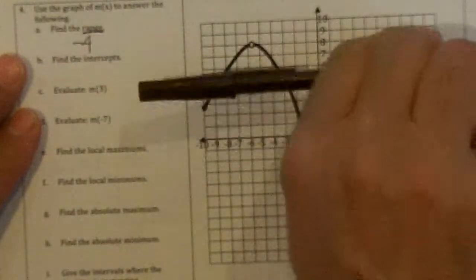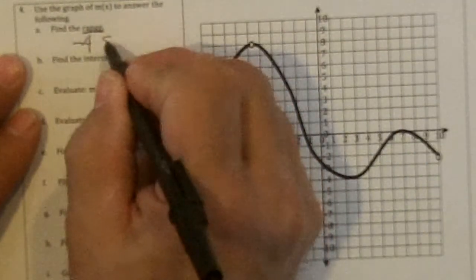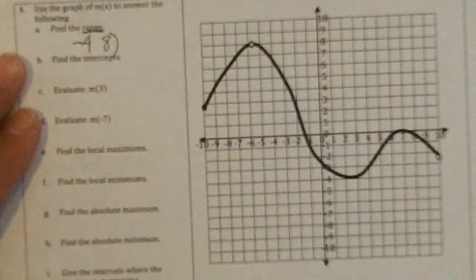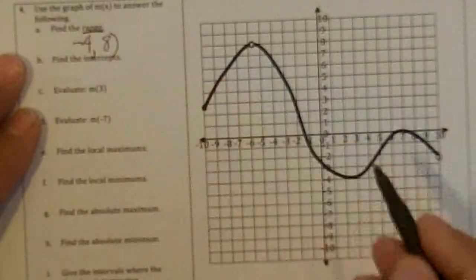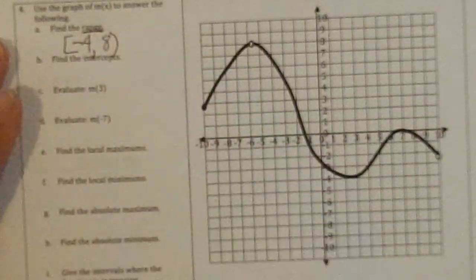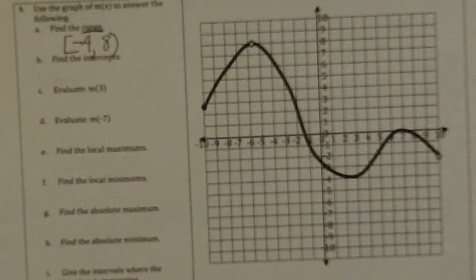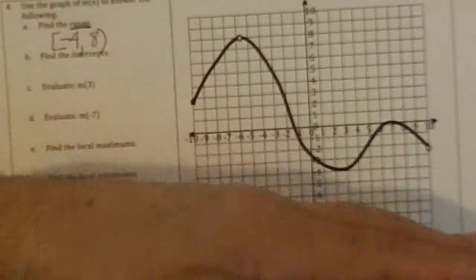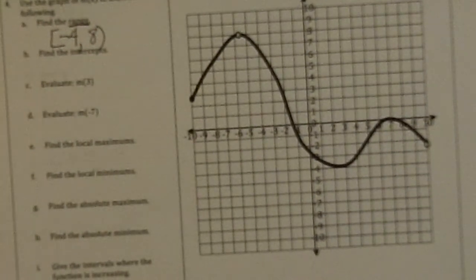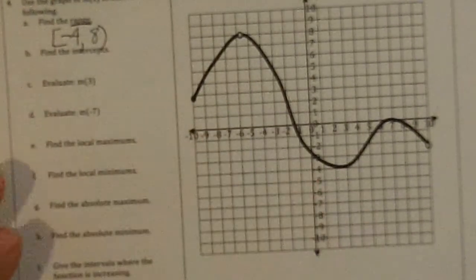The highest is about 8, but it disappears at 8, so we have to use an open paren. It does exist at -4 or -3.9, so we do a square bracket. And there are no holes leaving gaps in the range. So that's the range. Make sure you read the problem carefully.